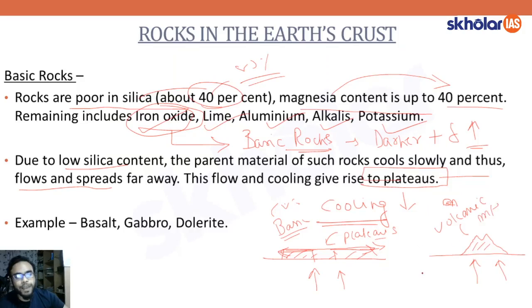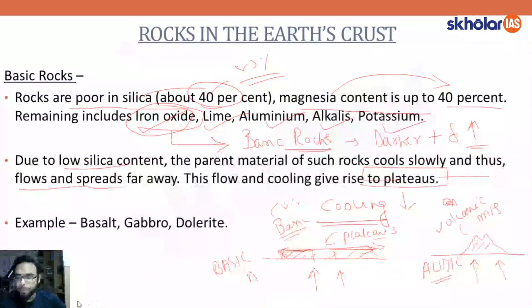So in case of acidic magma, we get volcanic mountains, and in case of basic magma or lava, we get plateaus, right? Fine. Alright, so this is about your basic rocks.